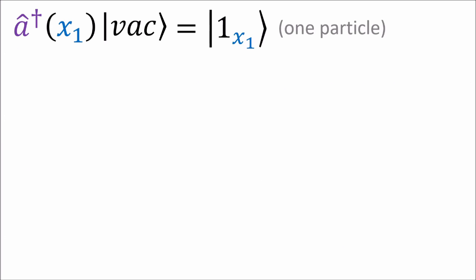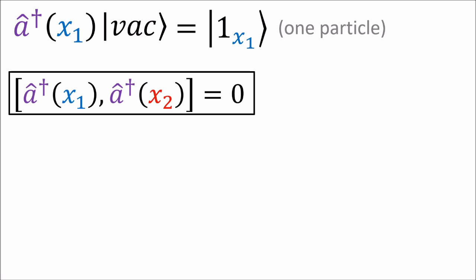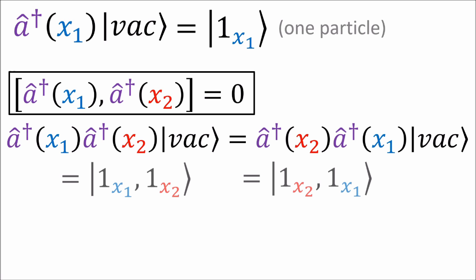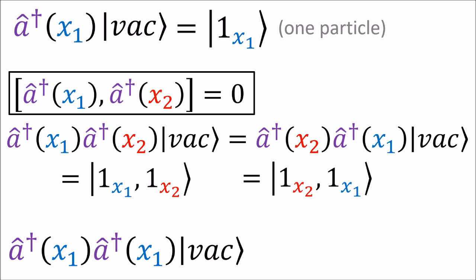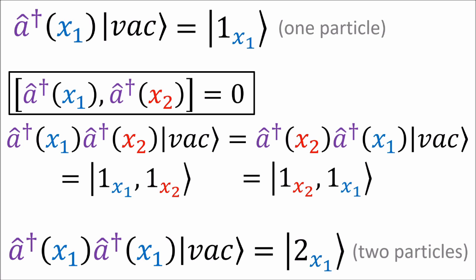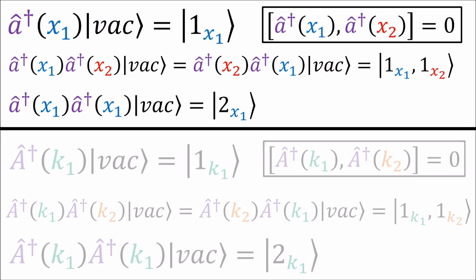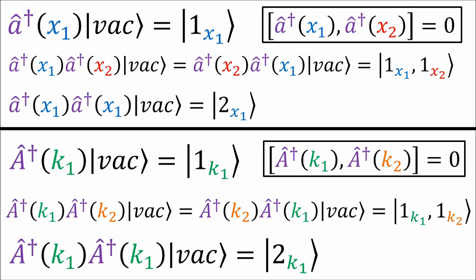So we can apply these small a creation operators to the vacuum state to create particles at specific positions. Since creation operators at different locations commute, the order of creation doesn't matter. Applying the creation operator at the same position twice will create two particles at that position. The same is true for the equivalent big A momentum operators and their states.